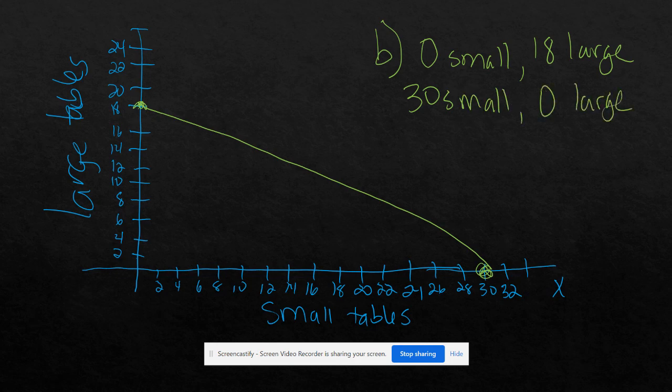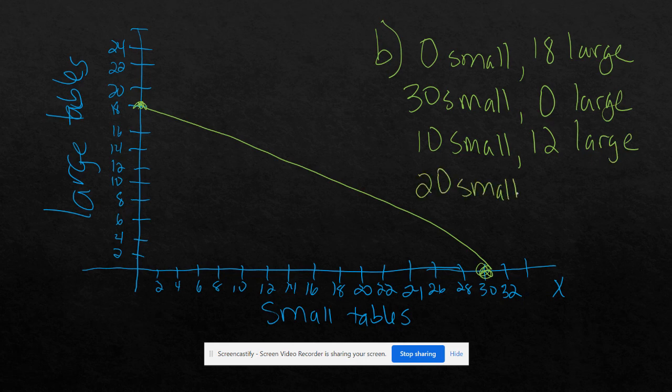A couple other ones that we can find on our graph would be 10 small tables and 12 large tables. We could find 20 small tables and 6 large. Now, those aren't the only ones. Those are just the ones that we can find on our graph.